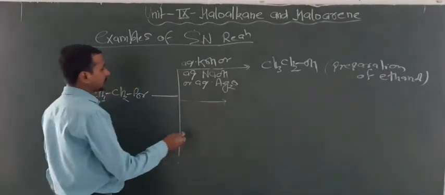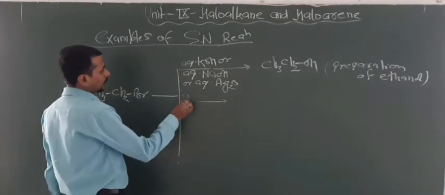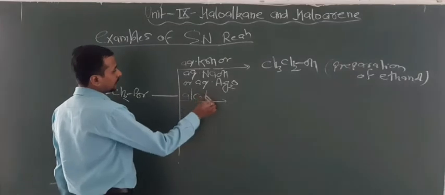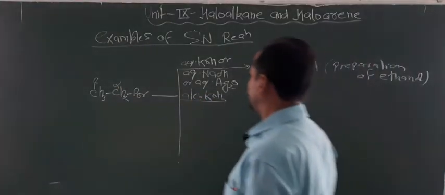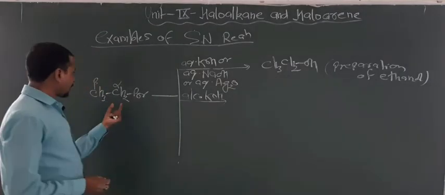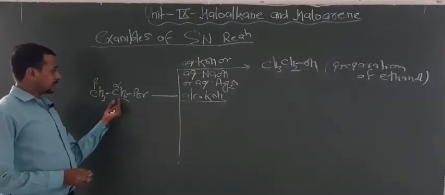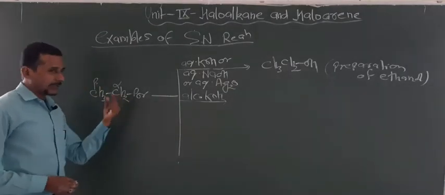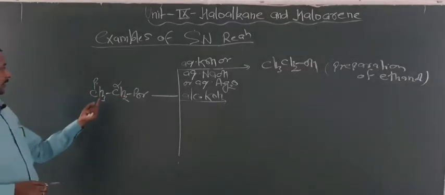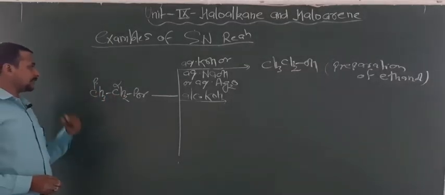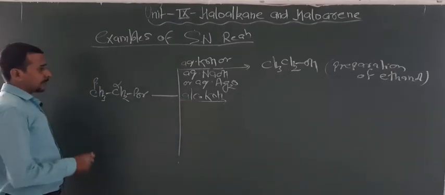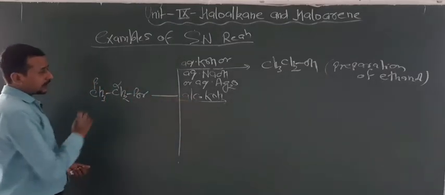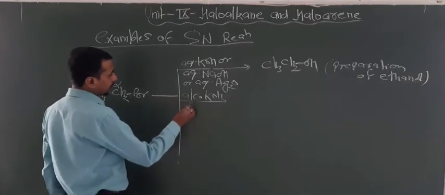Then one more reaction. Now look at one difference, if alcoholic KOH is taken. In ethyl bromide, the carbon attached to the Br is the alpha carbon, and the carbon attached to the alpha carbon is known as the beta carbon. When it reacts with alcoholic KOH, what happens basically?